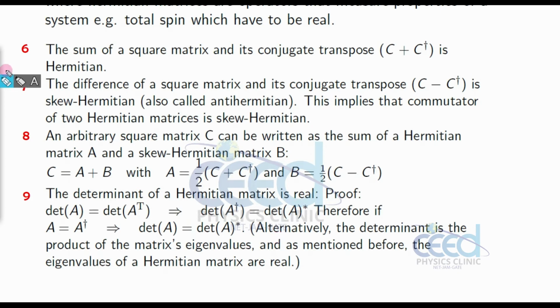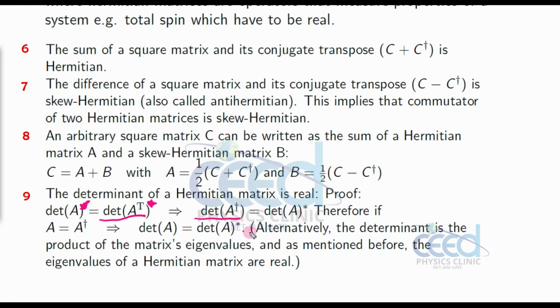Determinant of A conjugate is equal to determinant of A transpose conjugate. What is A transpose conjugate? I can represent that as A dagger. So this term I represent as determinant of A dagger, and this term I keep as determinant of A conjugate. That is, determinant of A dagger is equal to, what can I write?